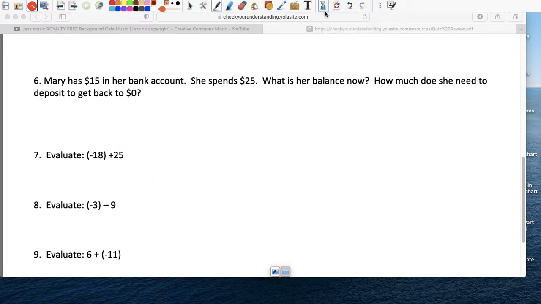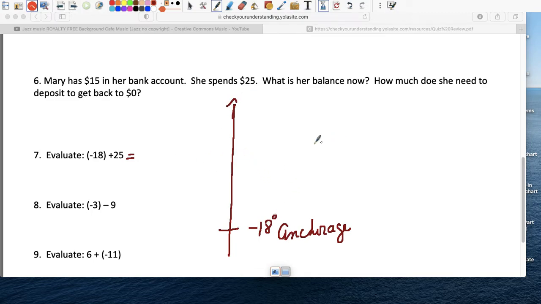So a situation that we can use, we were talking about temperatures the other day, so think about this. We are at -18, and let's say we are in Anchorage, Alaska, and it's -18 degrees right now. And we're going to Colombia. We're going to Bogota.